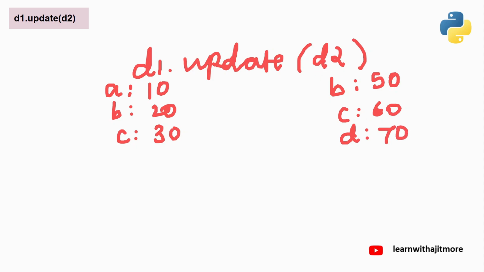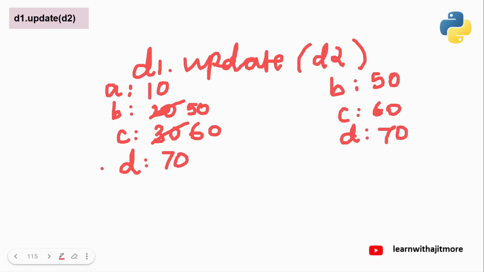So what it is going to do, it is going to add key value pairs of D2 in D1. But this B is already there. So it will just replace that 20 by 50. Okay? C 30. 30 will just replace by 60 because C is already there. Okay? But D is not there. It will add that D as a new key and new value. Getting, guys? This way update works.